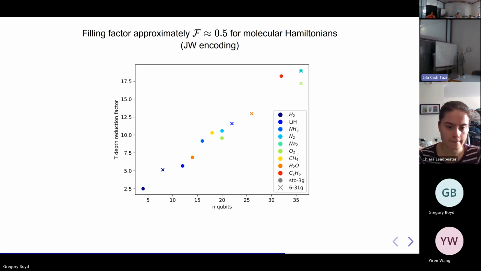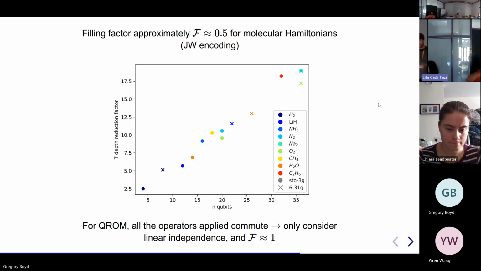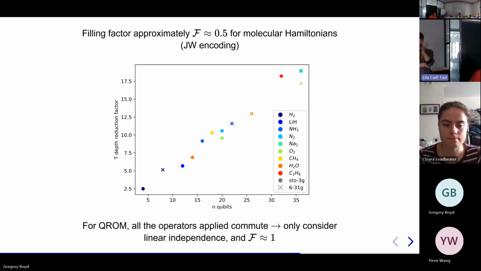But I can say something slightly more concrete for Q1. For Q1, F is approximately 1. This is because they already commute, and only considering linear independence, it's very easy to find binary strings that are linearly independent from each other. If you have a large set of binary strings, partitioning them into linearly independent sets is quite easy.